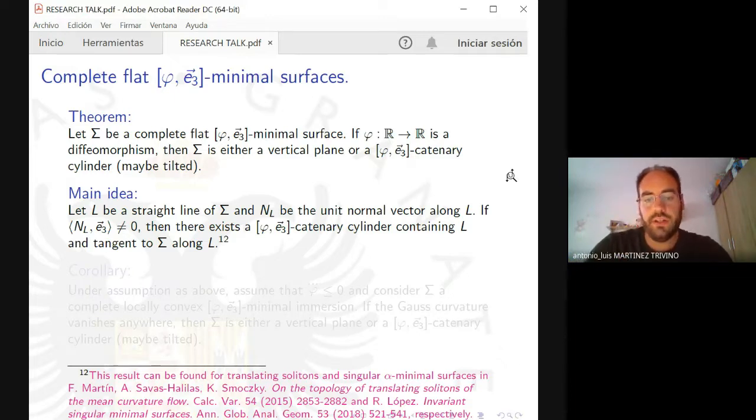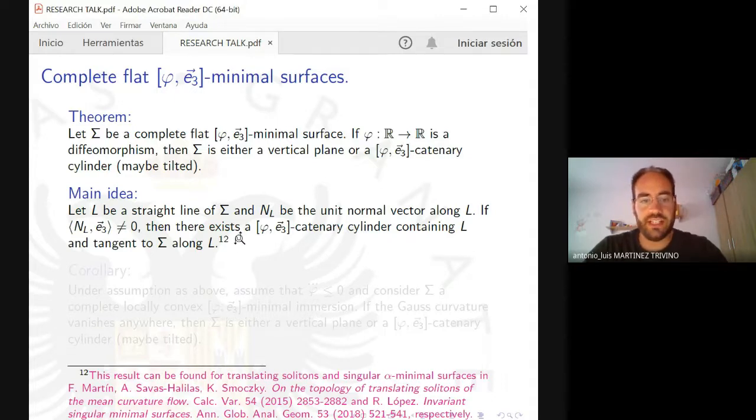On the other hand, when the angle function is not zero, then because phi is a diffeomorphism of R to R, and bearing in mind the phase diagram, we can obtain an initial condition such that the phi3 catenary cylinder associated to this initial condition contains the straight line L, and is tangent to the surface along these points. The uniqueness proof follows from the uniqueness of the previous Cauchy problem.